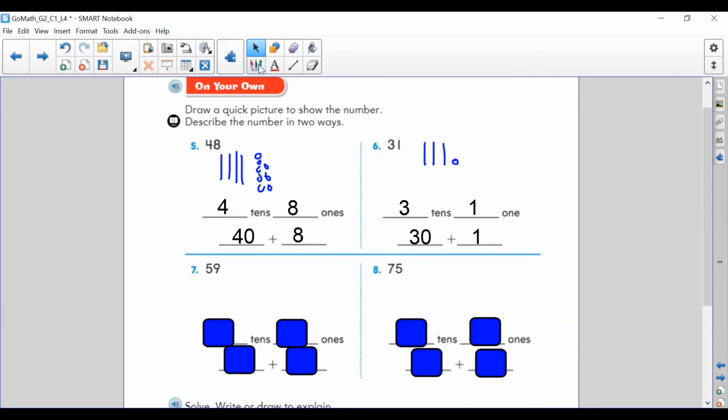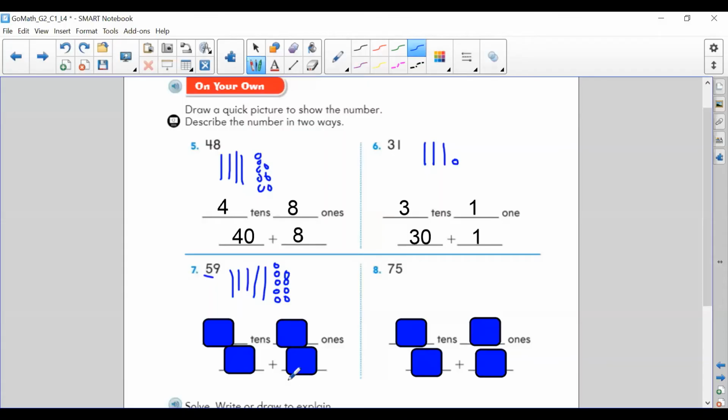Okay, for 59, let's go ahead and draw the quick picture first. 1, 2, 3, 4, 5. That's 5 tens. And how many ones will we draw? We will draw 9. Okay, and there is our 9 ones. So I drew 5 on one side and 4 on the other, because 5 plus 4 equals 9.